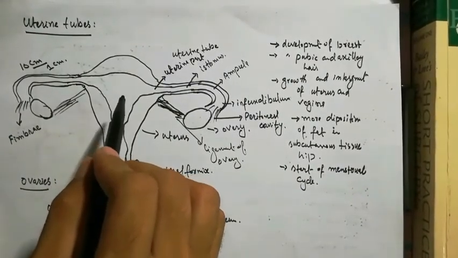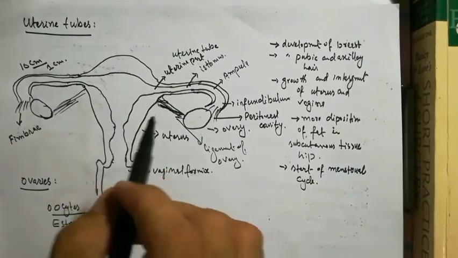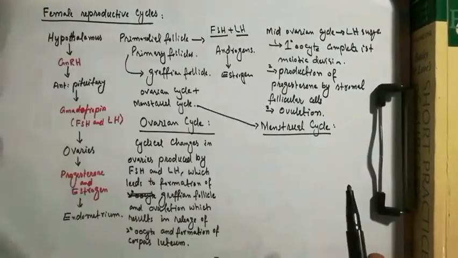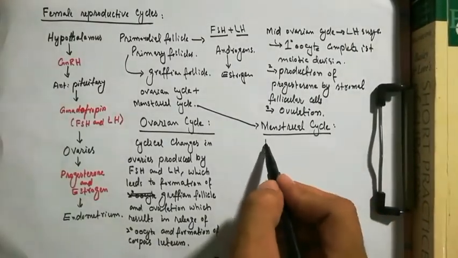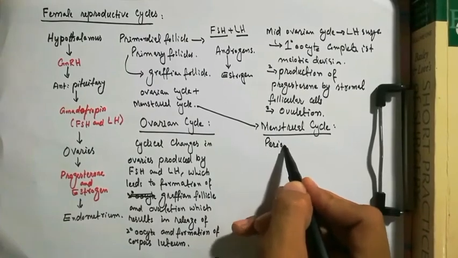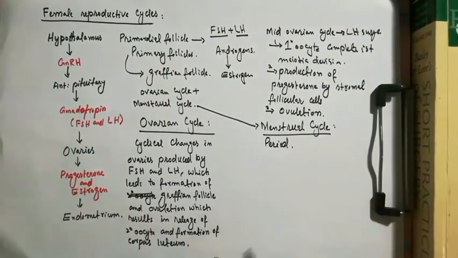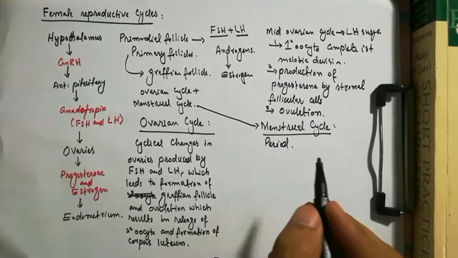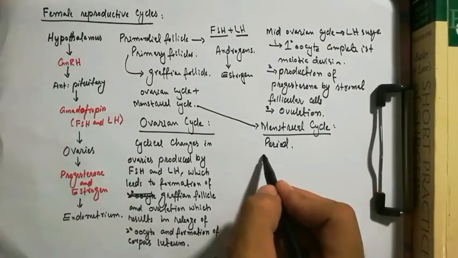These cyclic changes are called menstrual cycle or simply period. The average duration of menstrual cycle is 28 days.